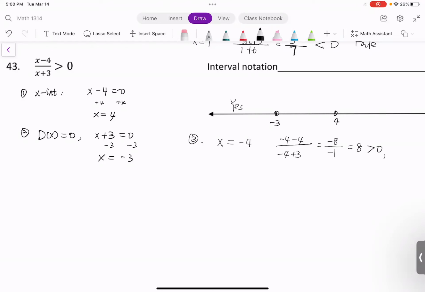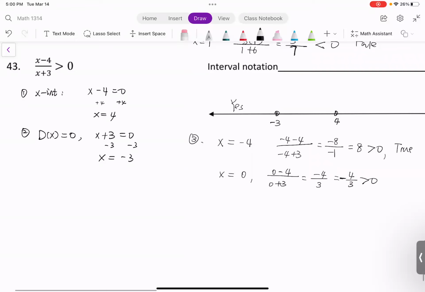This is true. Second, I can choose x between -3 and 4. I prefer 0 because 0 makes the computation easier. 0 minus 4, over 0 plus 3. We have -4 over 3, which is a negative number. Is that greater than 0? No, that's false. I put no here.